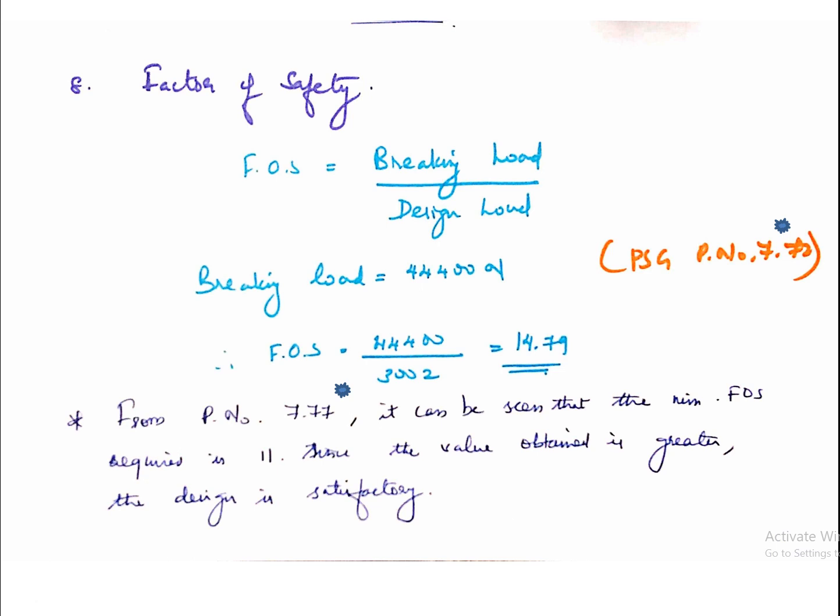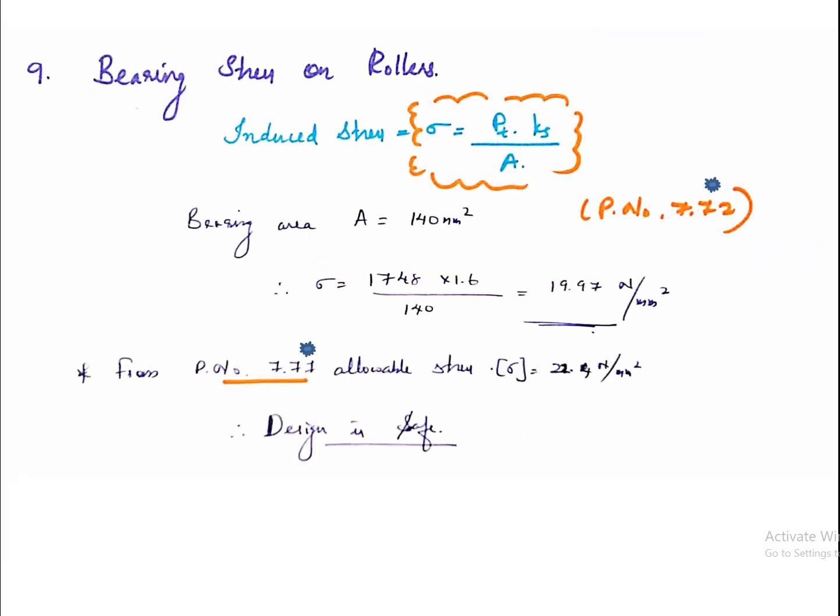Now the next thing is to check the induced stress, the stress that might be produced in the chain, against the maximum stress the material can withstand. That is going to be our next step: finding the induced stress on the chain or the rollers. To find this we'll be using an equation that is also not in your data book, but it is very easy to remember. It is a product of the tangential load, not the total load.